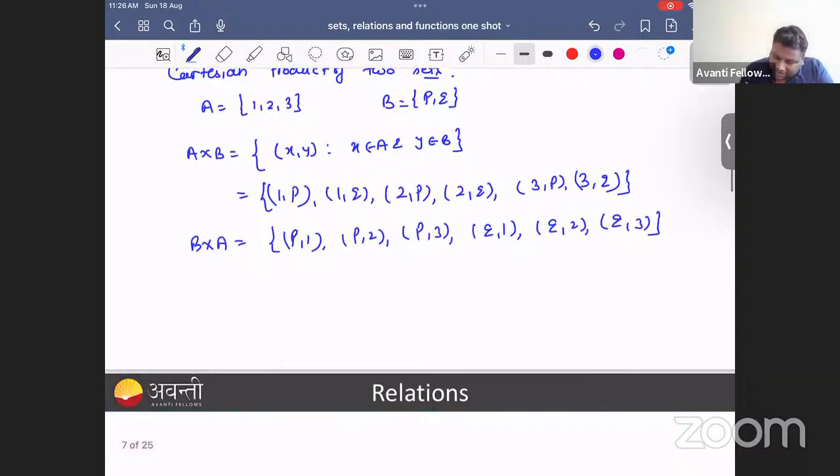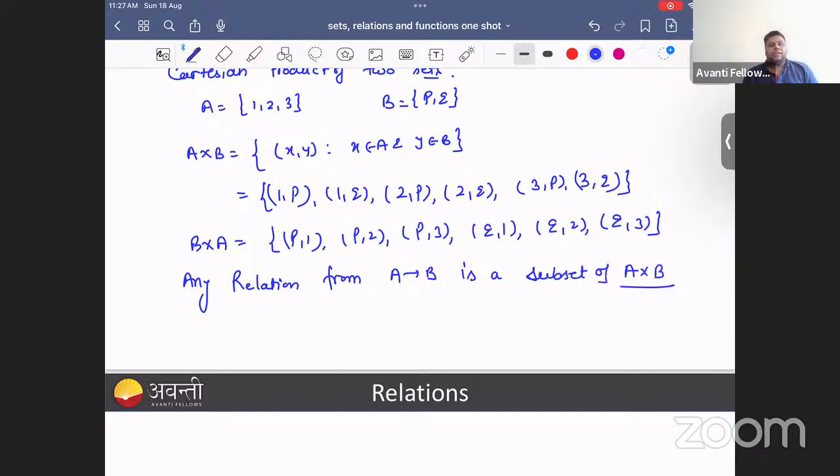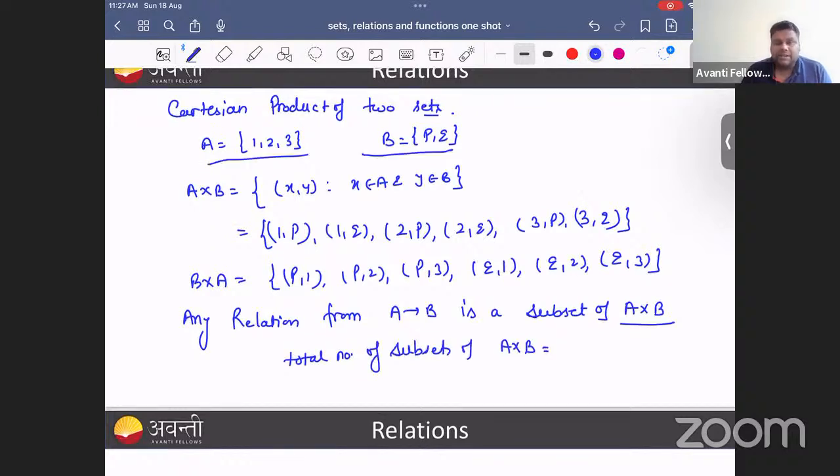Now, any relation from A to B is a subset of A cross B. So simply what I can say is that the total number of relations is the total number of subsets of A cross B. See, in this particular case, A has 3 elements, B has 2 elements.